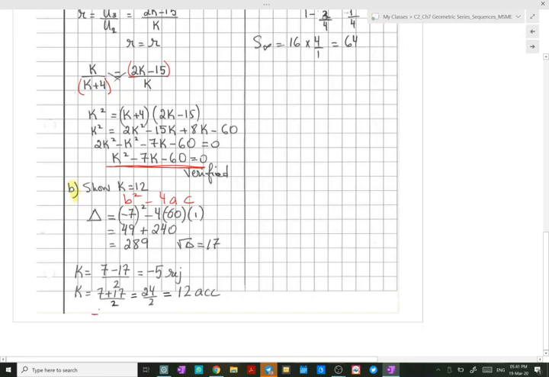And here you have minus b plus square root delta over 2a, which is equal to 24 over 2, which is equal to 12. So they want us to show that k is equal to 12, and we did. And since k is greater than 0, you have to reject the negative root that you found.